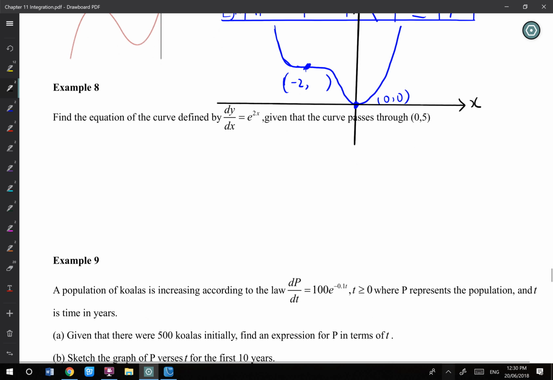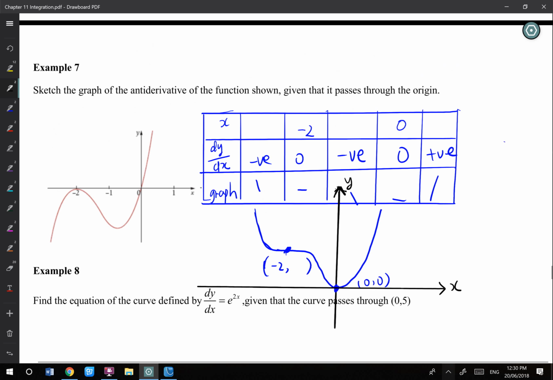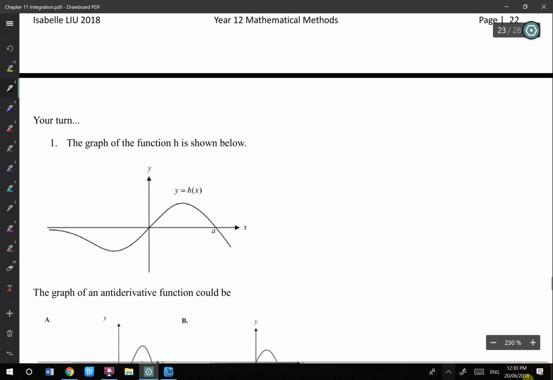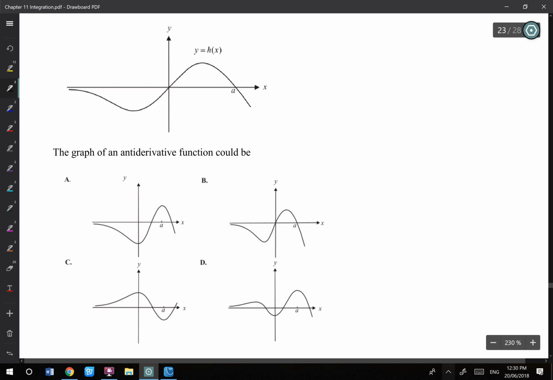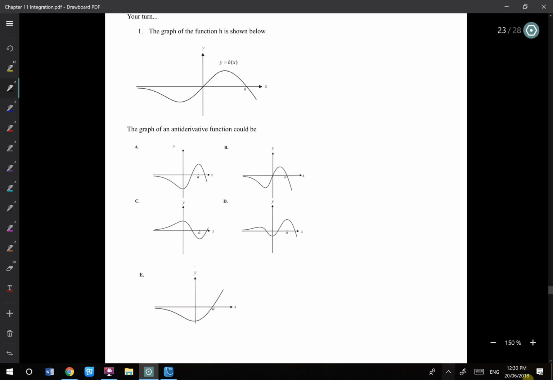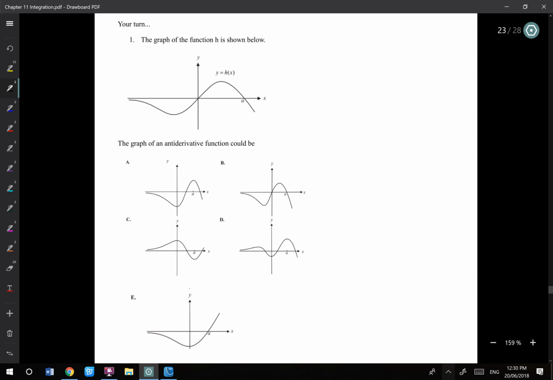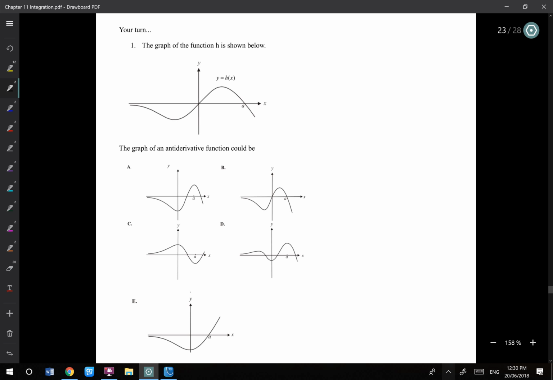If we finish that one, go to page 23. There's a U-turn question. It's your turn to do it. The derivative graph looks like this. What's the antiderivative function? A, B, C, D, E. That's easy.